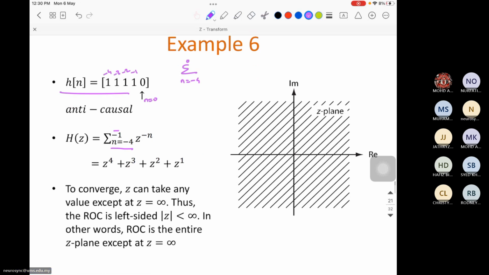Now, this H of z will be infinity when z equal to infinity. Correct. So the region of convergence will be the entire z plane except the value z equal to infinity.